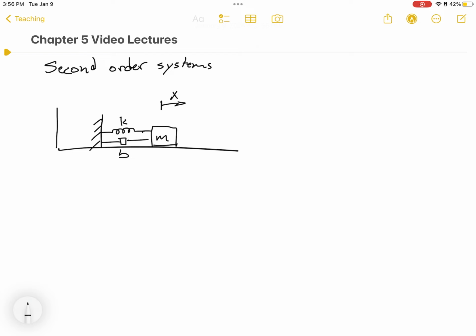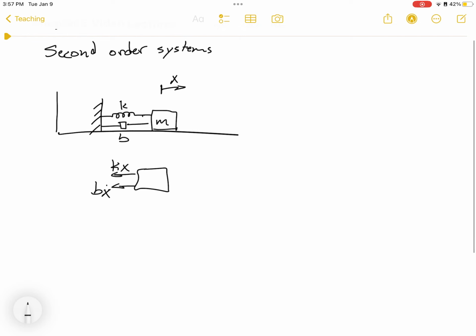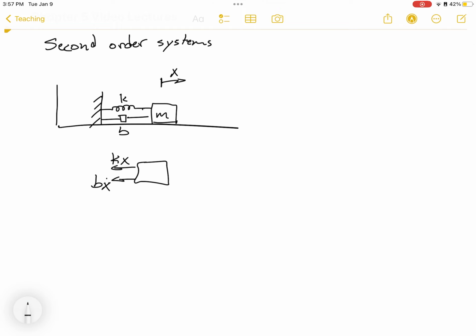We can come up with a free body diagram where we have some force kx, some force b x dot. That's going to equal the mass times acceleration. And the equation of motion for this system is going to simplify to m x double dot plus b x dot plus kx equals 0.